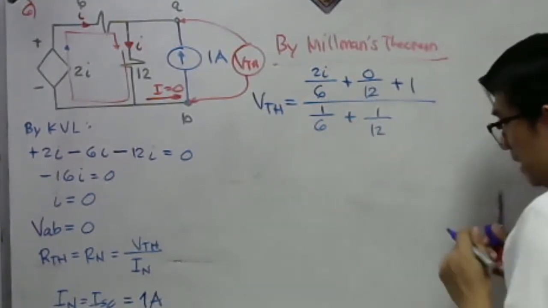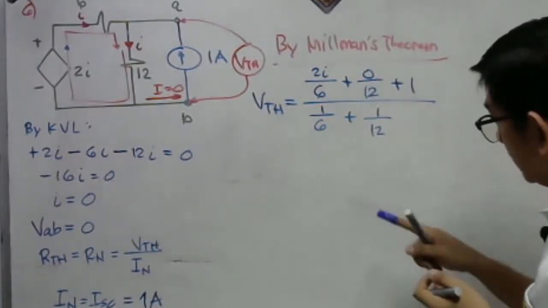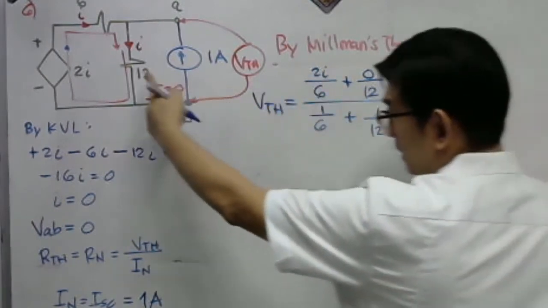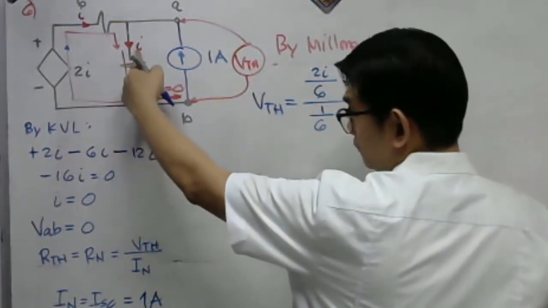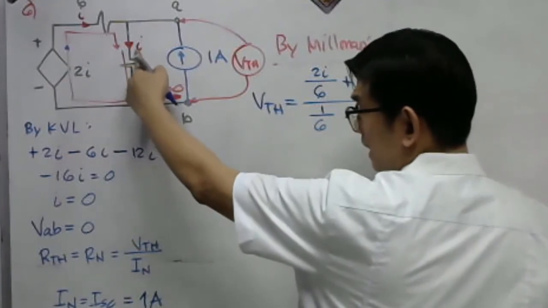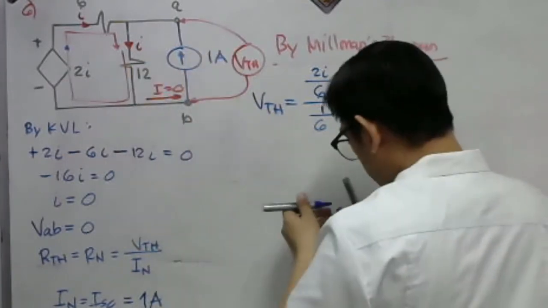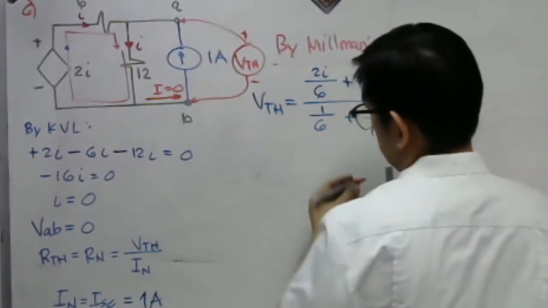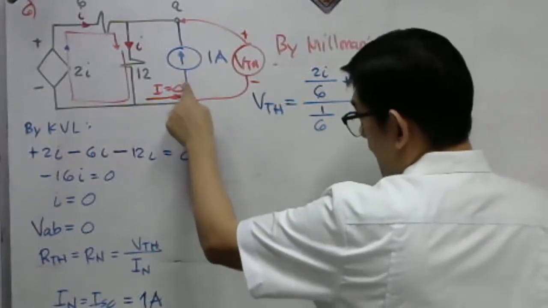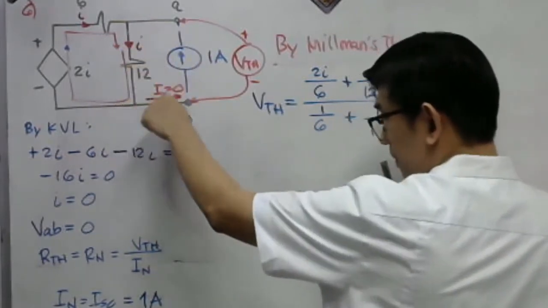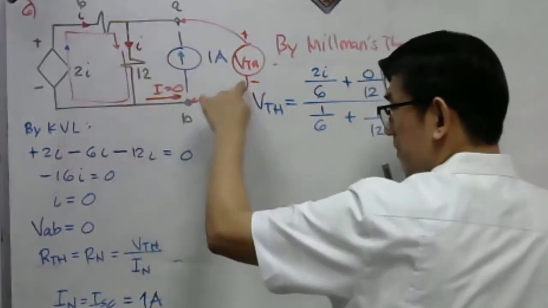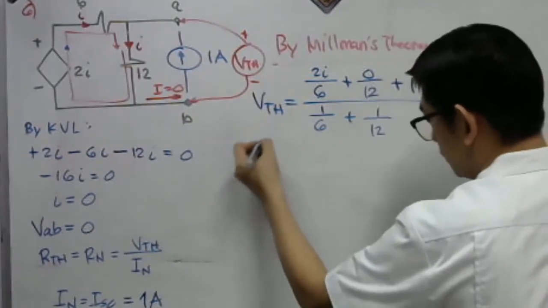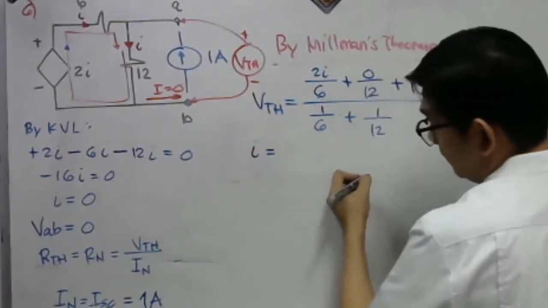Oh, by the way, we have current I here. This is our current I. What is our current I here, by the way? Take note that this is our VTH. Again, if we are to consider one complete loop, I will make use of the power house let it flow method. So our I is simply equal to what?